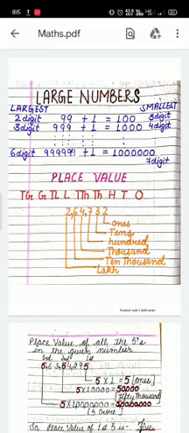Similarly, and it goes on like this only, if we add 1 in the largest six-digit number, it gives us the smallest seven-digit number.